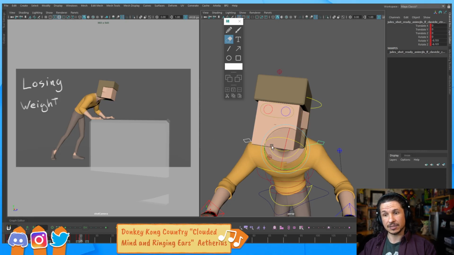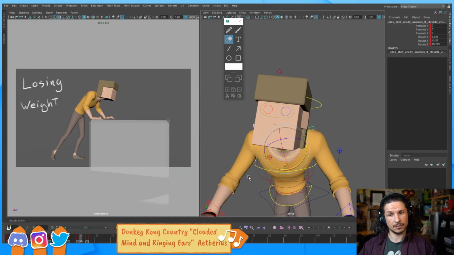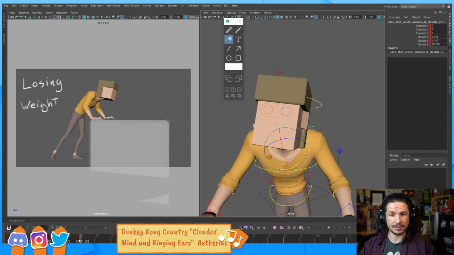This is one of those cases where we want to counter the motion. Even though his arms are going down and back, to sell the weight, we're going to push those clavicles up. And look at that. Suddenly we feel like there's weight being pushed into those arms. I can even push it forward to add a little bit of that anger in there. There we go. Suddenly, there's weight.